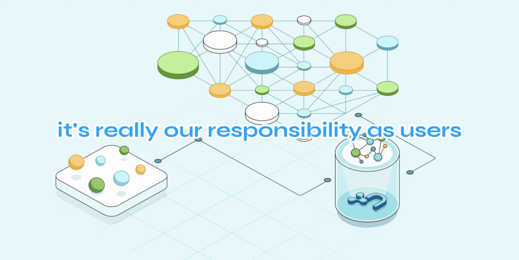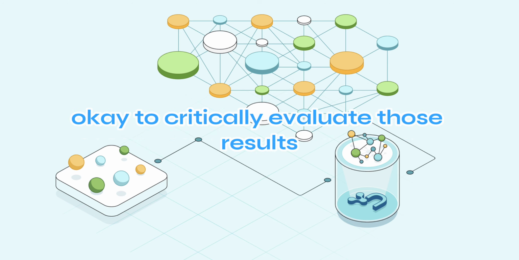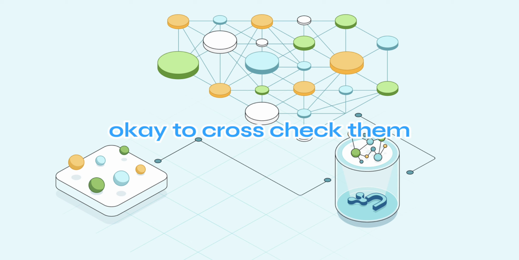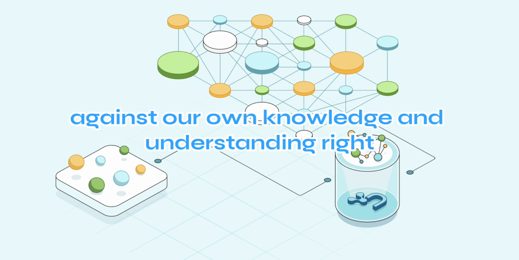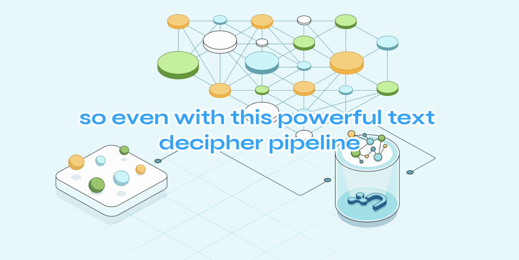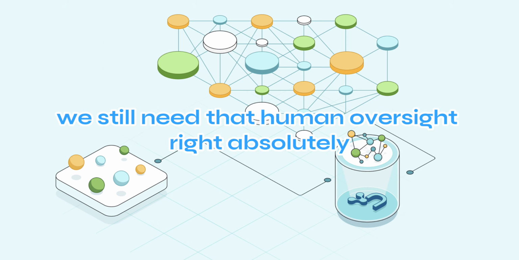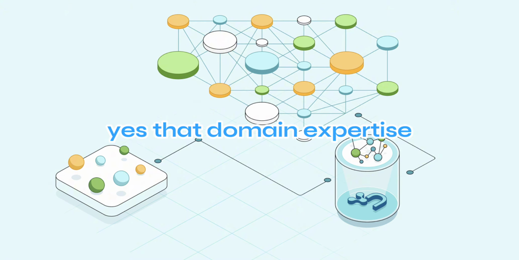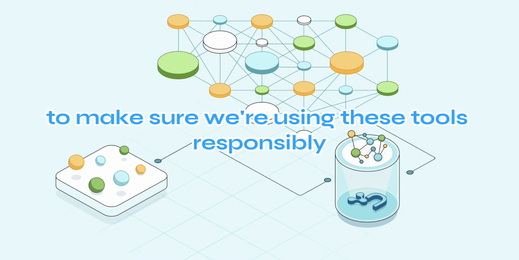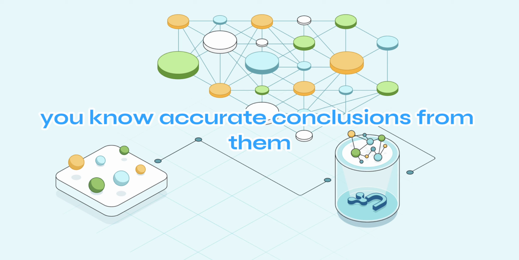It's really our responsibility as users to critically evaluate those results, to cross-check them against our own knowledge and understanding. So even with this powerful text-to-cipher pipeline, we still need that human oversight. Absolutely. We need that critical thinking and domain expertise to make sure we're using these tools responsibly and drawing accurate conclusions from them.